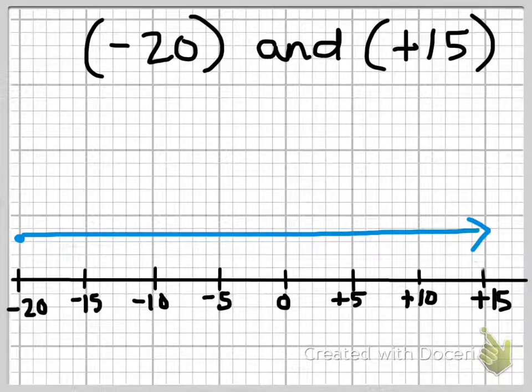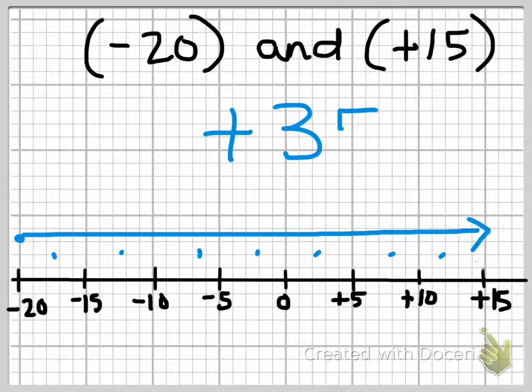So that blue arrow represents the difference between negative 20 and positive 15. And I can look at the scale and see that there's 5 numbers between each of these. So that gives me 5, 10, 15, 20, 25, 30, 35. Since we're going into the positive, the difference is going to be positive 35.